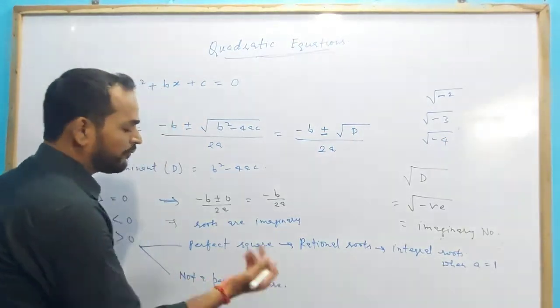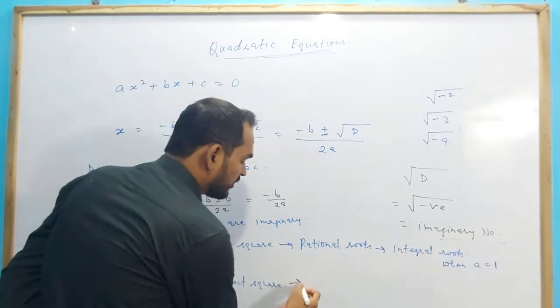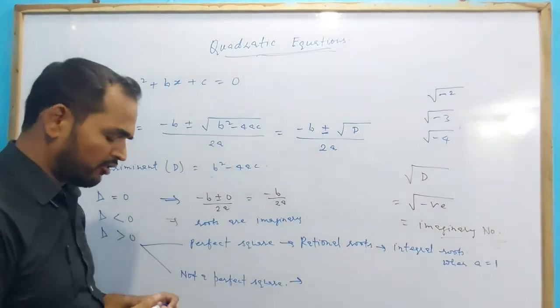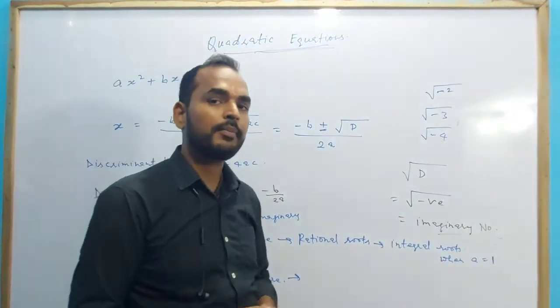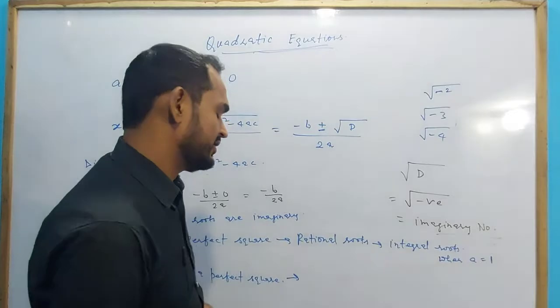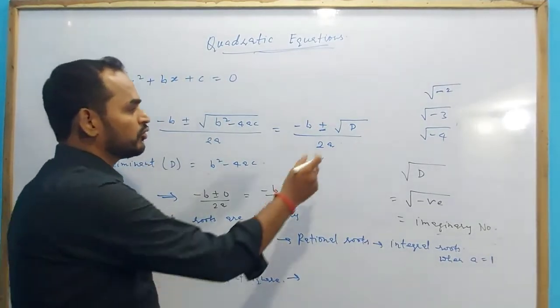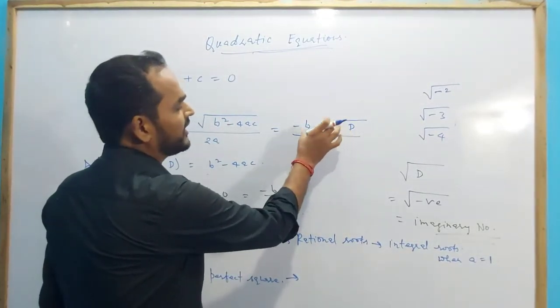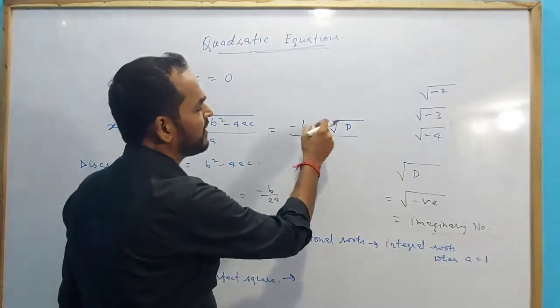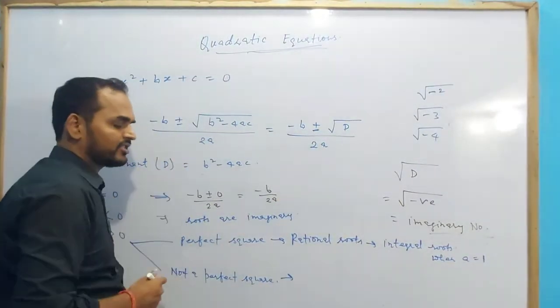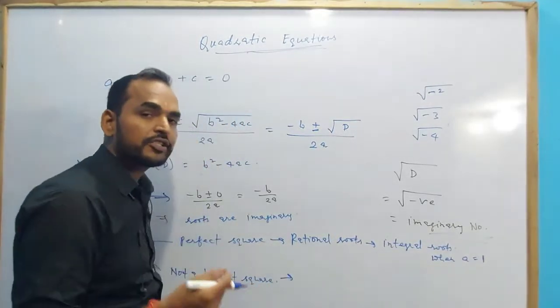Now, not a perfect square. If D is not a perfect square, obviously root D will be some irrational number. When D is some irrational number, the roots occur in pairs: minus b plus root D upon 2a and minus b minus root D upon 2a. In this circumstance, there are always conjugate roots.